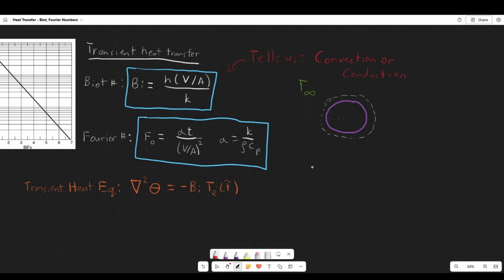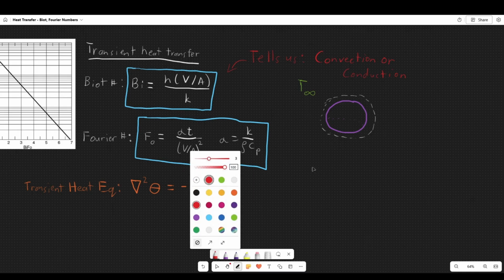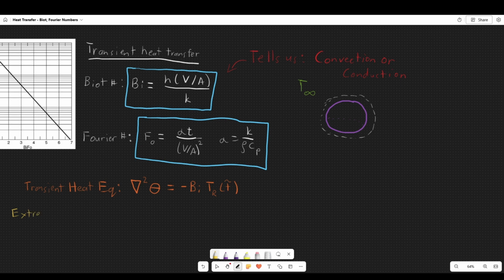Perfect. So looking at this equation, we can see that there are some extreme cases that we can look at. Let's first look at extreme case one, which is when the Biot number is really small, less than 0.1.